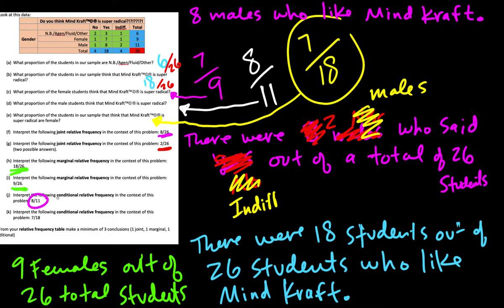And then 7 out of 18, same thing. 7 needs to be in the green. 18 needs to be somewhere in the blue. And so there were 7 females. Well, let's see. I guess I need to go back to this other one.